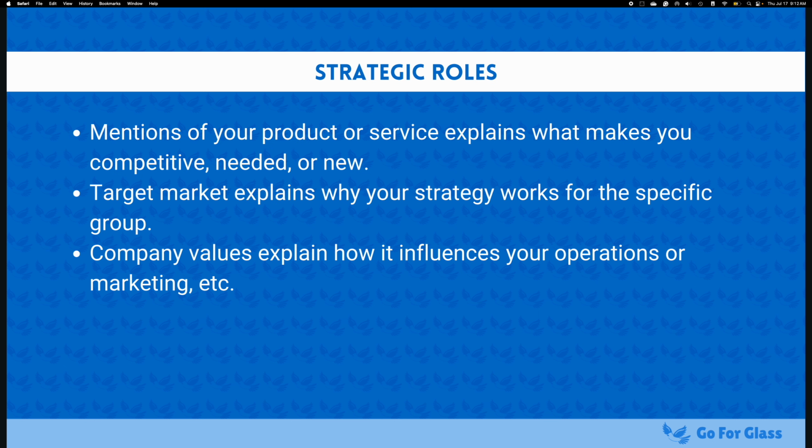So, let's say that we've talked about the founding story. The strategic role there could be how it helps the judge understand the problem being solved or the customer's pain point. For company structure, the strategic role here is that it provides legal or operational clarity into what form of business you are, because that's going to influence your limitations and your opportunities.